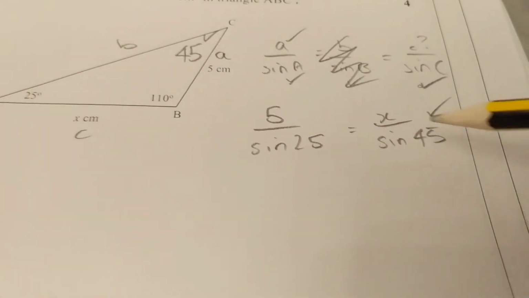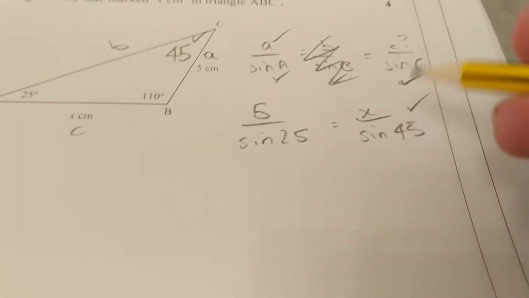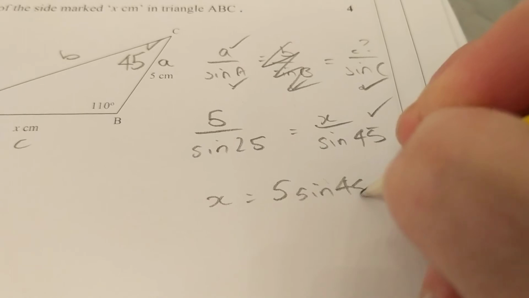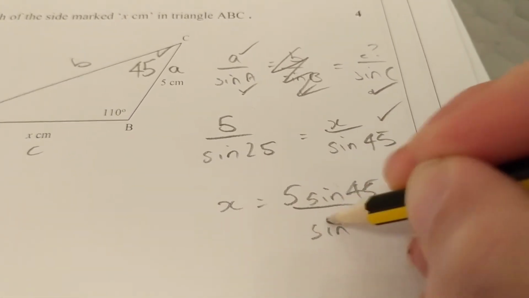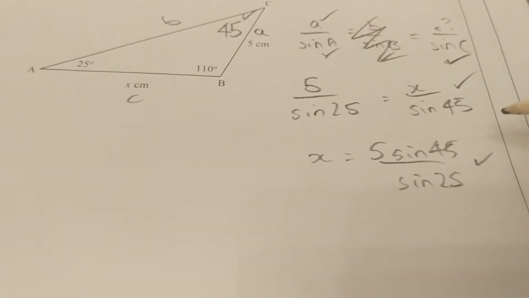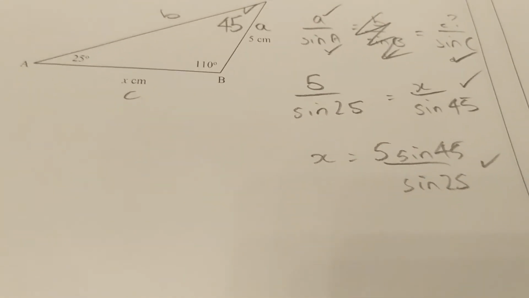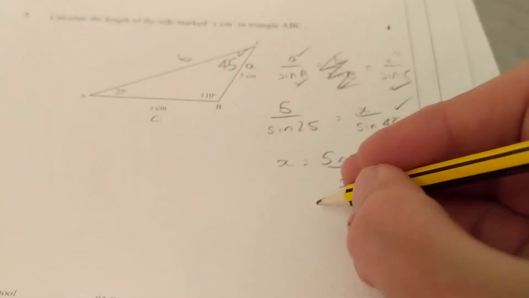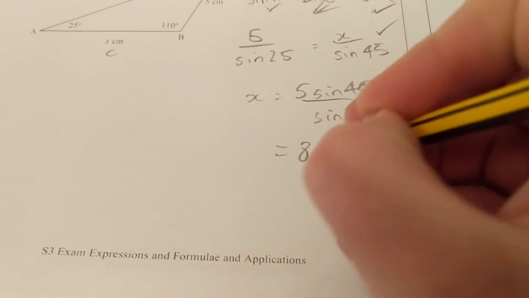To get x on its own, you basically want to multiply the sine 45 up. So x would be 5 sin 45 divided sin 25. That's another mark. And if you do everything carefully in your calculator, the answer that you should end up with is round about 8.4. And that will be centimetres for mark 4.